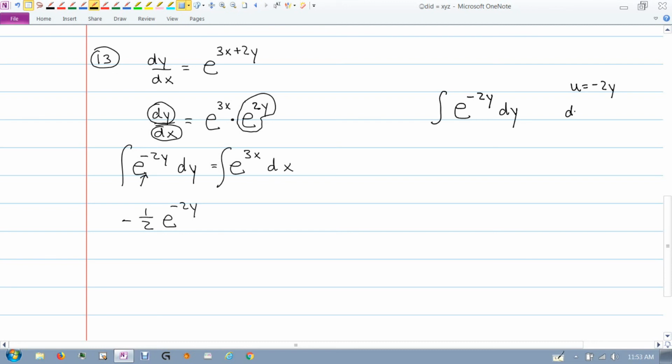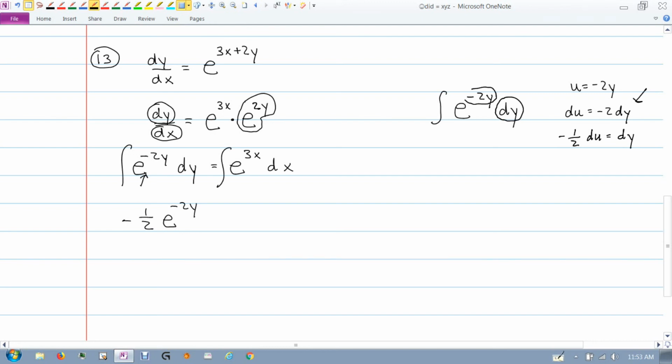The derivative of u is going to be negative 2 dy. And then what I do is I try and rewrite this integral. So I need to replace dy. So I come back over to this equation and solve for dy. So I put negative 1/2 du equals dy, dividing both sides by negative 2.